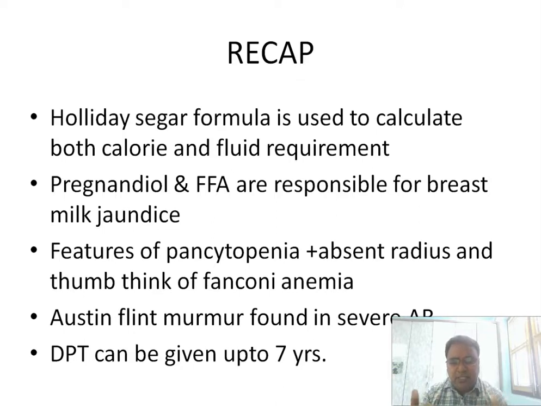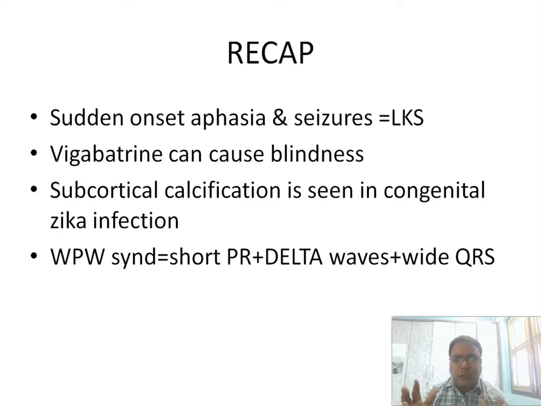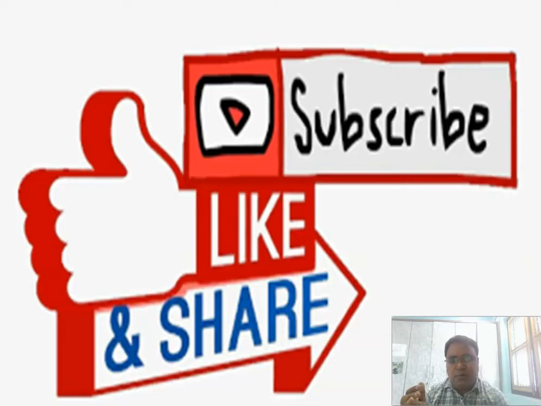DPT catch-up vaccination can be given up to 7 years. Then sudden onset of aphasia in a seizure disorder, we have to think of Landau-Kleffner syndrome. Vigabatrin can cause blindness. Zonisamide, topiramate can cause renal stone. Subcortical calcification is seen in congenital Zika virus infection. WPW syndrome, what are the classical findings? Short PR, delta waves and wide QRS complex. This we have to remember.